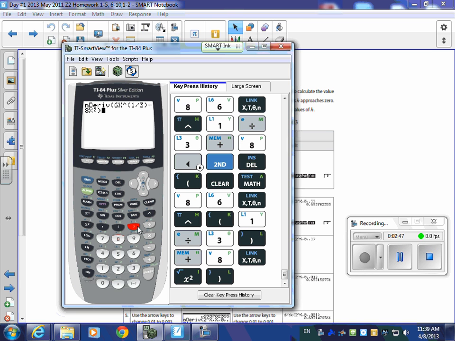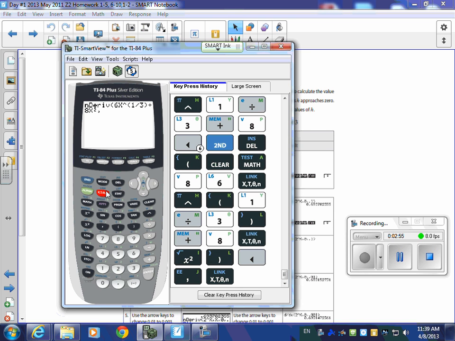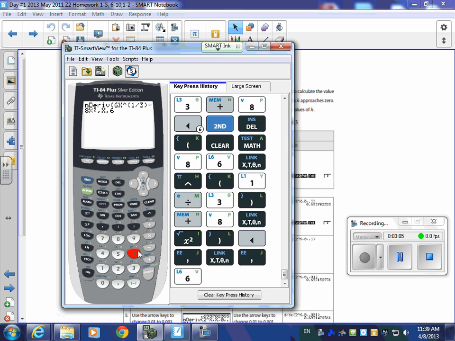Now this is going to take the derivative of this. Then we have to put comma x, just like we did before with the sequence. And then where do you want the derivative at, Nathan? 6. There you go. So when I hit that, there's what the derivative is.